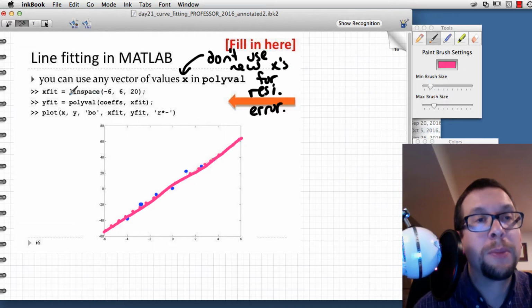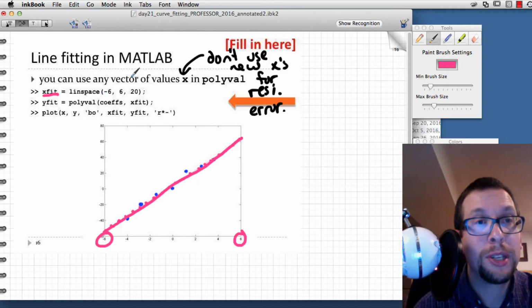And so what we do is we end up defining the fitted values of x, the ones I had the little dots in pink there, defined using linspace from -6 to 6, and I wanted 20 different points. From there, I want fitted points on the y-axis, and those are determined from polyval using the coefficients that we calculated earlier and the x-fit values that we calculated right here using linspace.